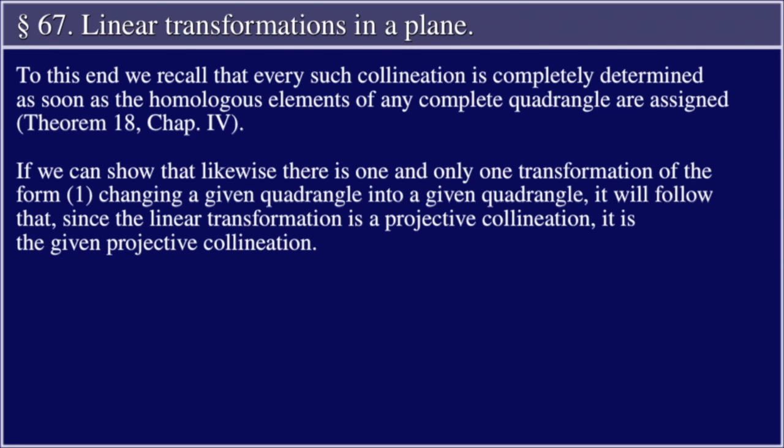If we can show that likewise there is one and only one transformation of the form 1, changing a given quadrangle into a given quadrangle, it will follow that, since the linear transformation is a projective collineation, that it is the given projective collineation.